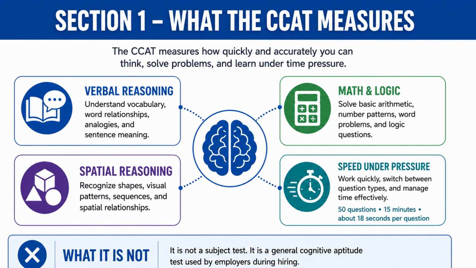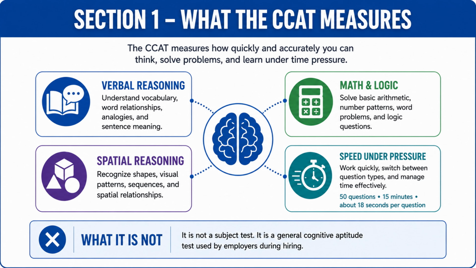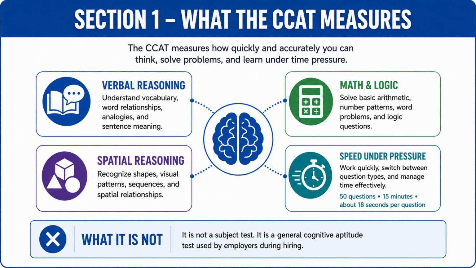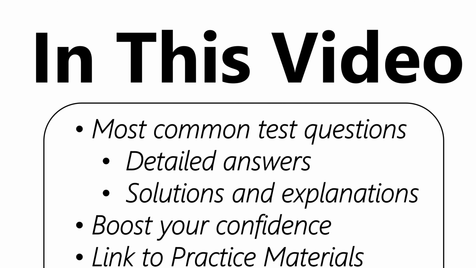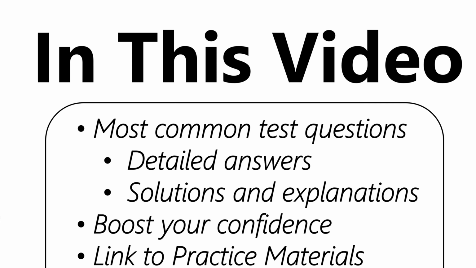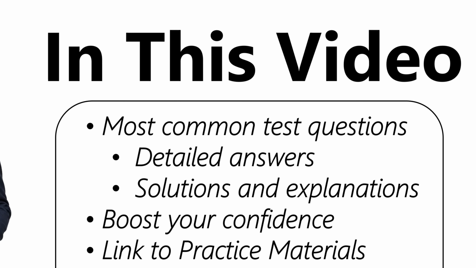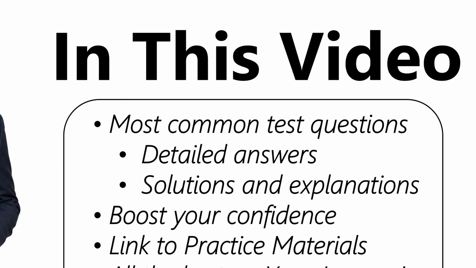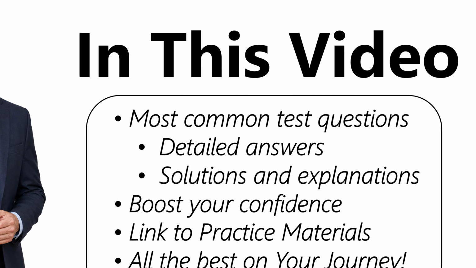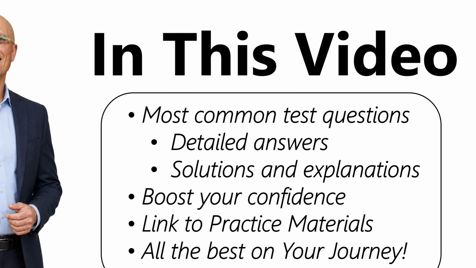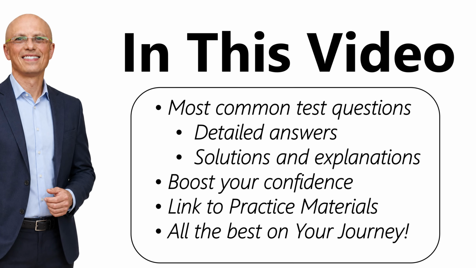Instead, it's a fast workplace-focused reasoning test that helps employers predict how well candidates can learn, adapt, and solve job-related problems. In this video, we will walk through real practice questions step by step, so you will not only know what to expect, but also learn how to tackle each part with confidence. I'll share with you correct answers, detailed explanations, and helpful strategies to boost your chances of passing the test. The questions appear in random order, so I recommend watching the entire video to get the most practice and insight.